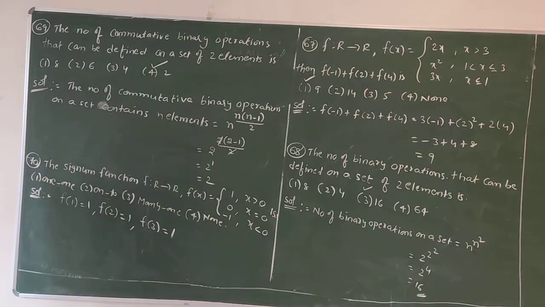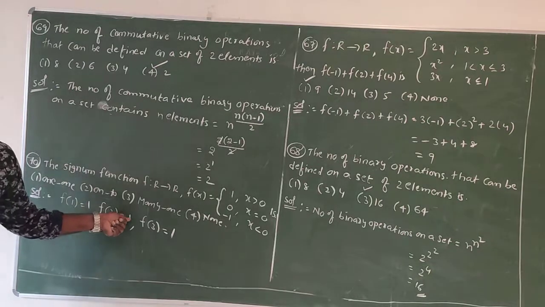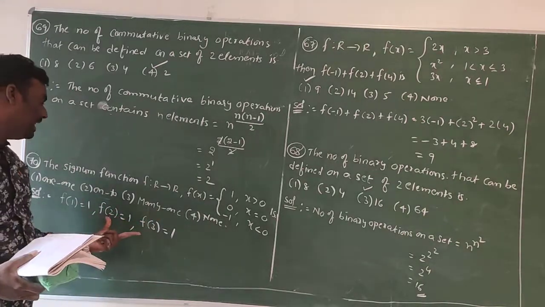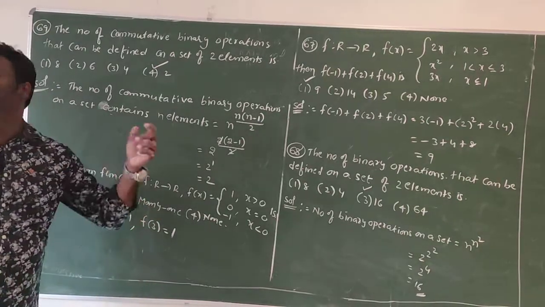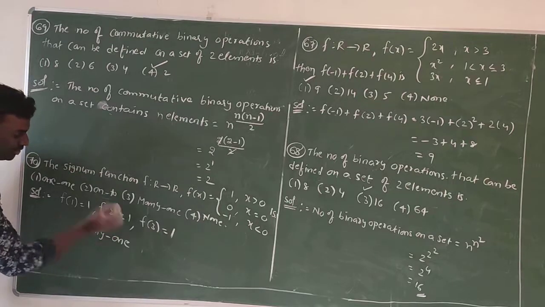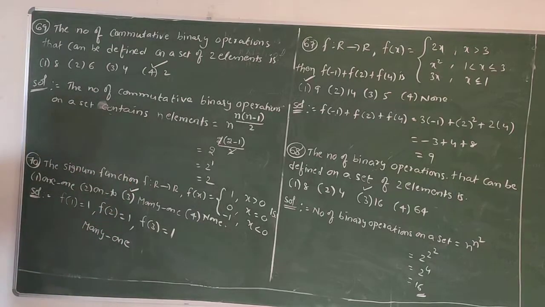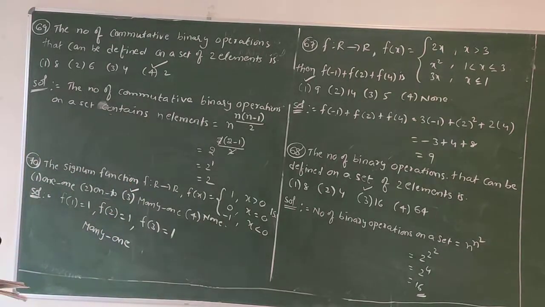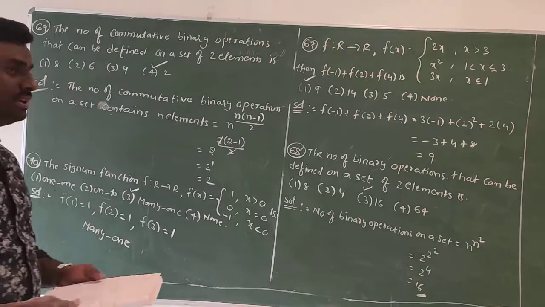So from this what do we observe? 1 has image 1, 2 has image 1, 3 has image 1. Many elements have the same image. If many elements have the same image, then that function is what? Many to 1. Many to 1 means option 3 is the correct answer for this question number 70.